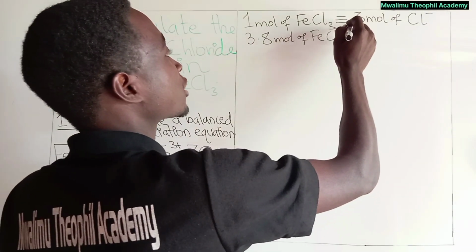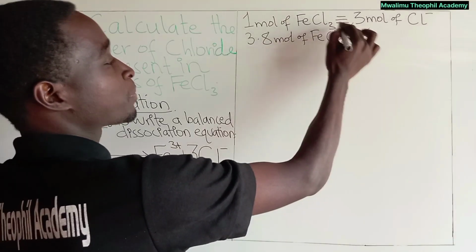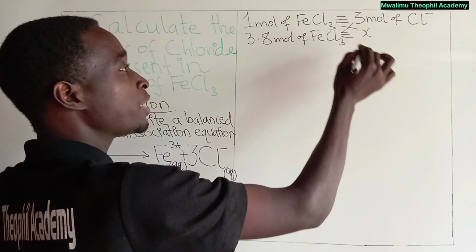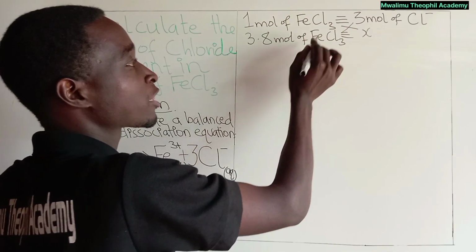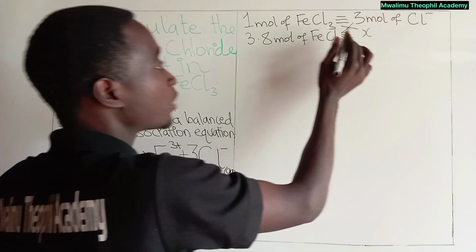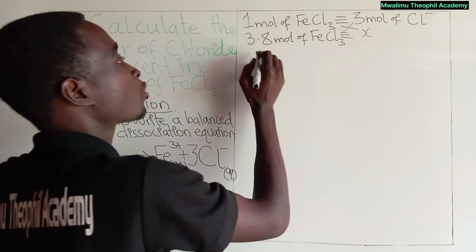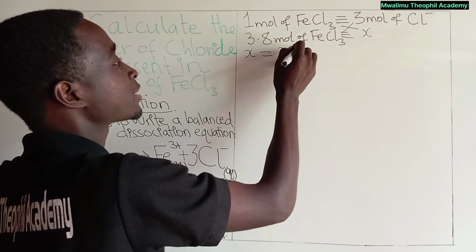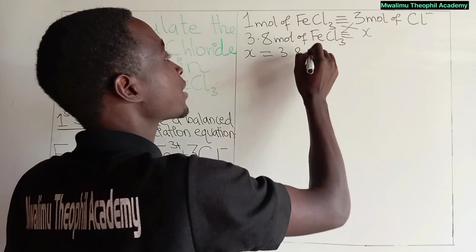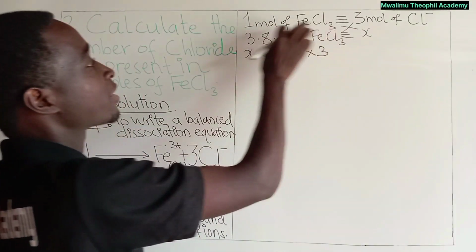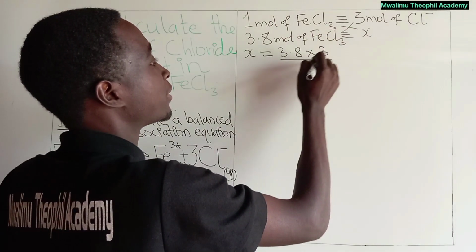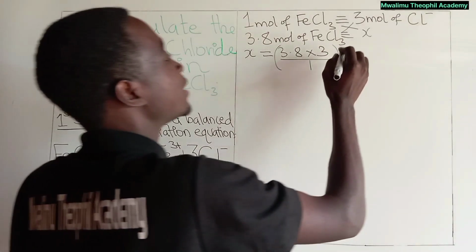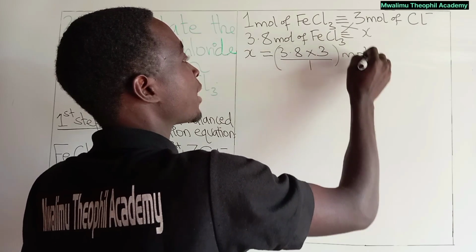Now let us cross multiply. After cross multiplying, the number of moles of chloride ion which will be in 3.8 moles of iron 3 chloride, I have termed this number as x, so our value of x will be equal to 3.8 times 3 over 1. What we get here is the number of moles of chloride ion.